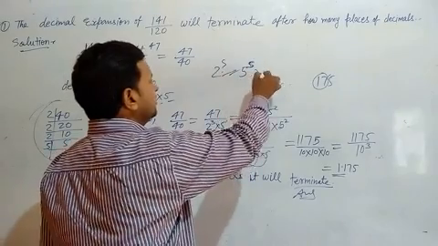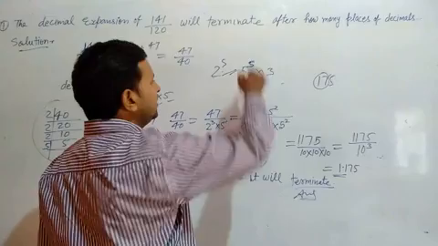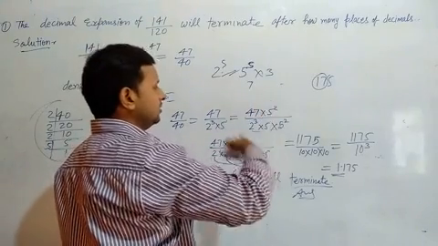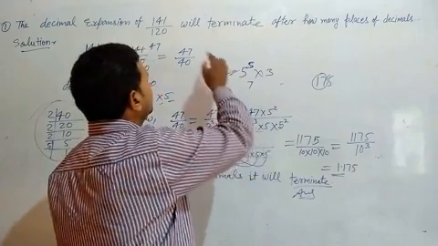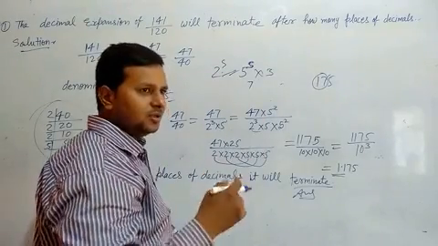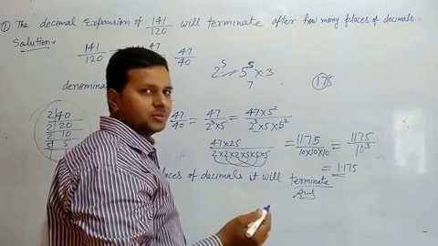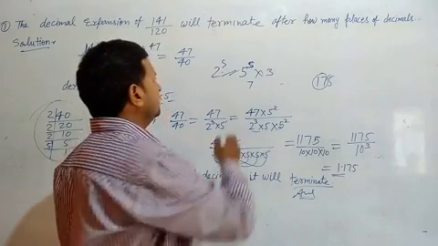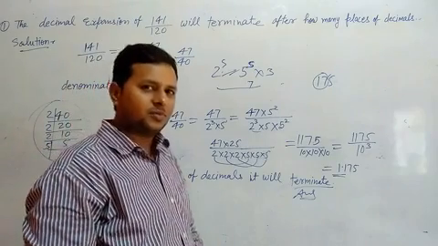If we get other terms like 3 or 7, then it is non-terminating. If the decimal repeats, it is non-terminating and repeating. If it is not repeating, it is non-terminating and non-repeating. These are basic terms. You have to study and solve all types of questions.